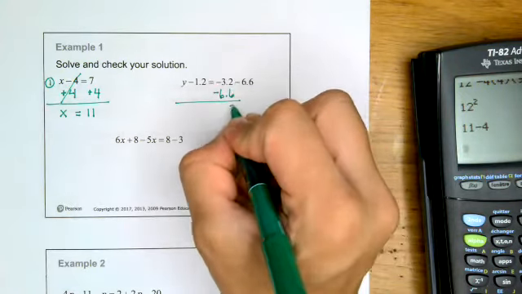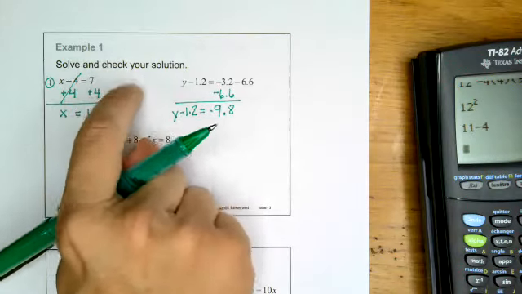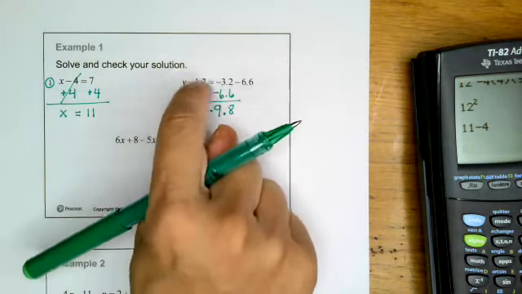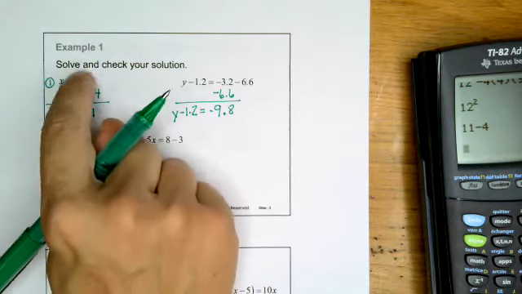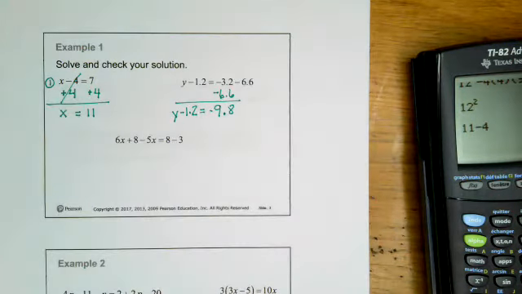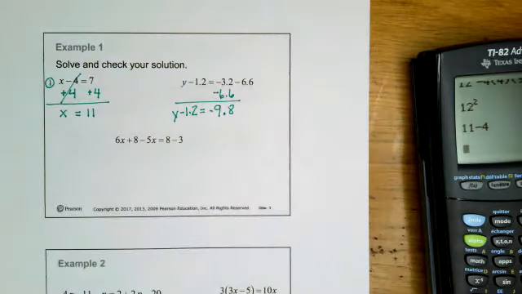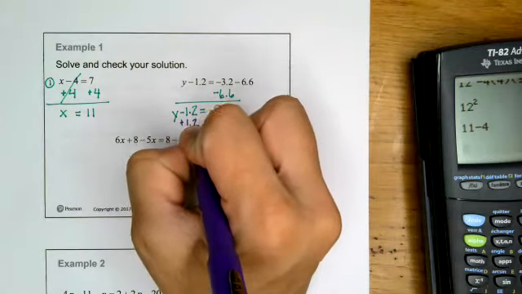Y minus 1.2. Now this looks a little bit like this, where we moved the constant over. We kept the variable on this side, and moved the constant over. Kept the variable x, moved the 4. Now I can do the opposite of minus 1.2. What is the opposite of minus 1.2? I would add 1.2.